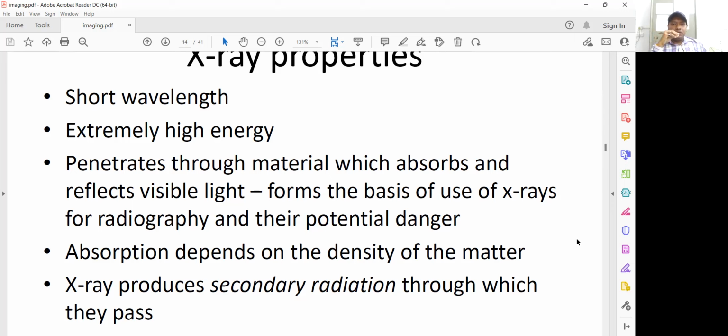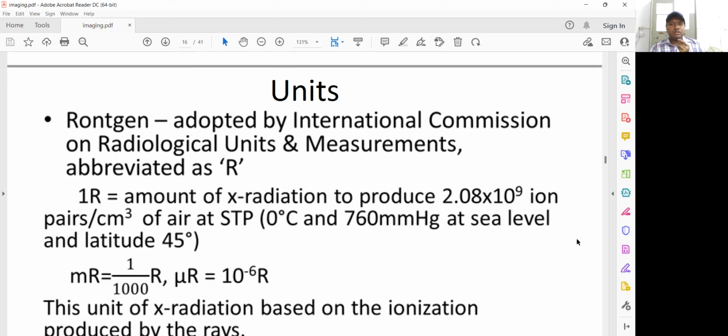The unit of X-ray is the Röntgen, named after Wilhelm Röntgen, the discoverer of X-ray. It is adopted by the International Commission on Radiation Units and Measurements, and abbreviated as capital R. One Röntgen is the amount of X radiation that produces 2.08 into 10 to the power 9 ion pairs per cubic centimeter of air at STP, that is 0 degree Celsius and 760 millimeter of mercury at sea level and at latitude 45 degree.